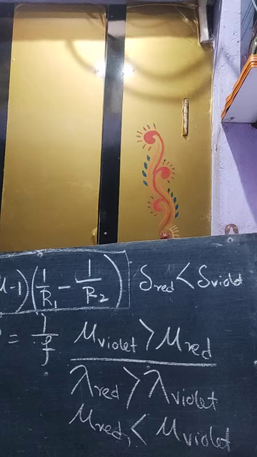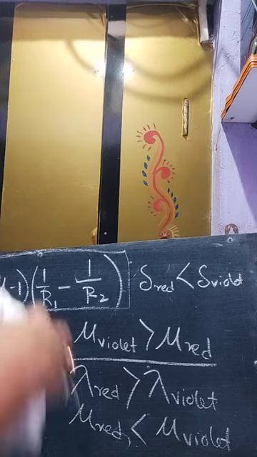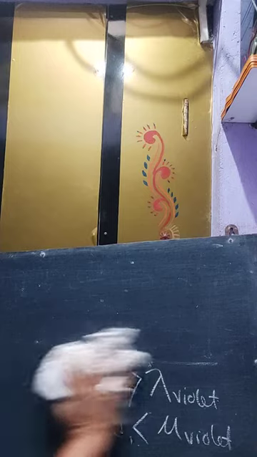So this is some sort of question. Next question is how does the angle of minimum deviation of a glass prism of refractive index 1.5 change if it is immersed in a liquid of refractive index 1.3? So a glass prism is there.